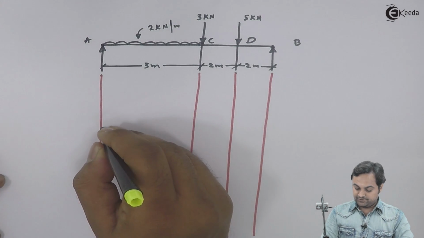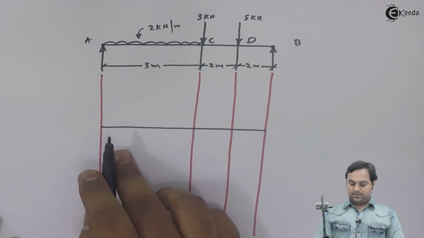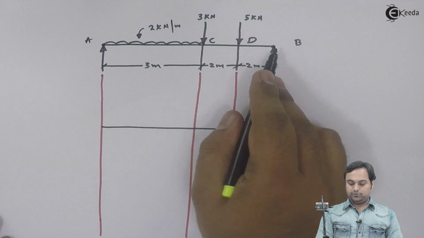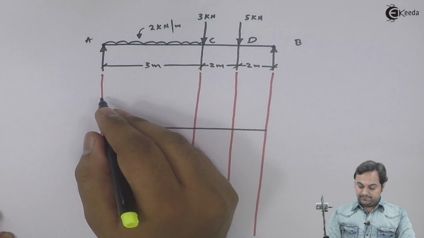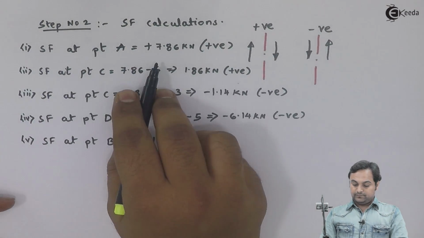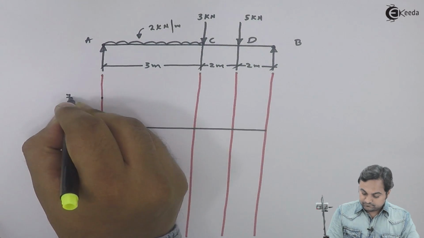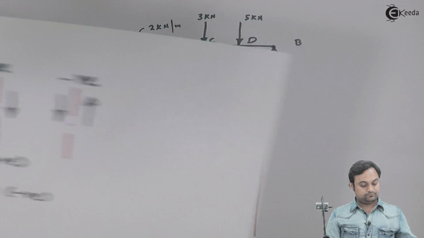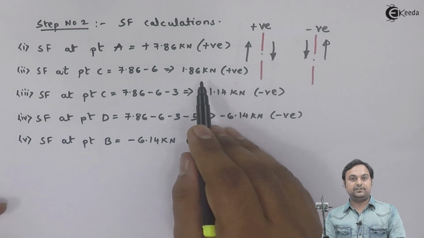the shear force diagram, they should be equal. The length of shear force diagram should be equal to the length of the beam. Now at point A, I have SF value as plus 7.86. At point C, I am having two values, one is positive, one is negative.